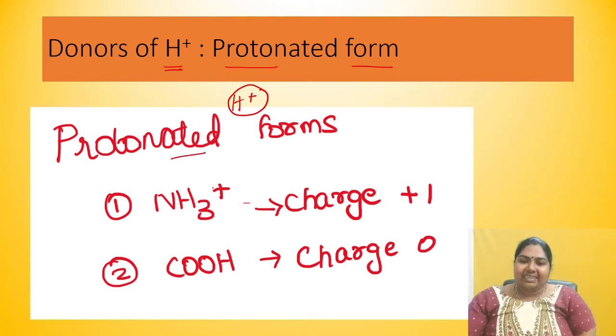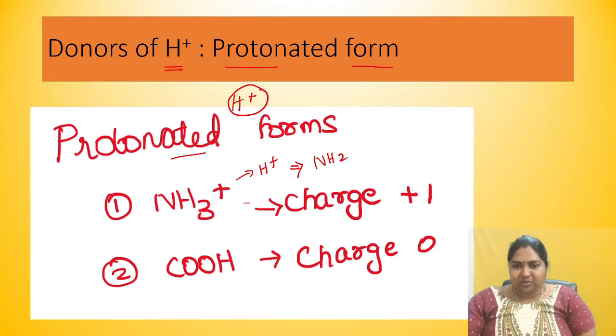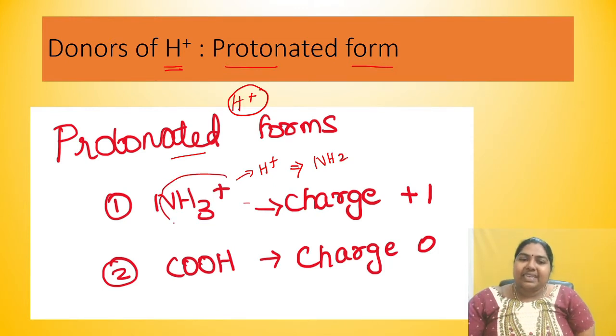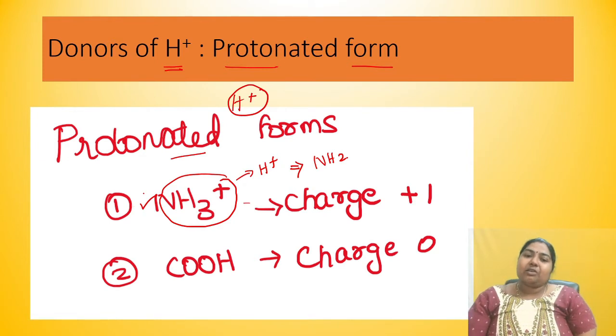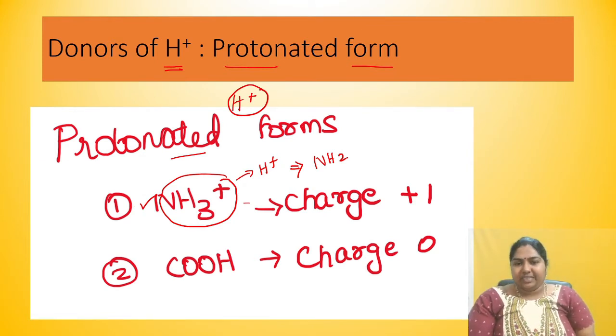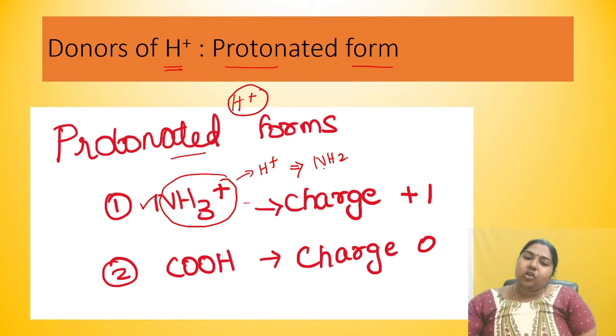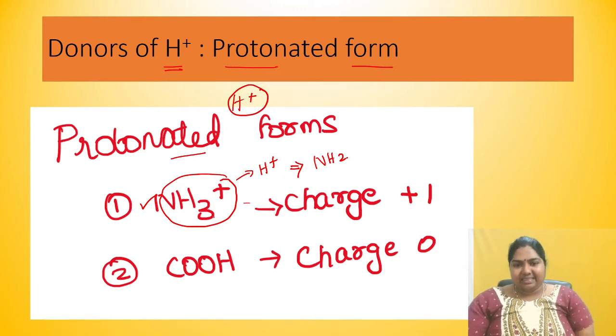For instance, take NH3 plus. It has the ability to donate H plus. After donating H plus, the NH3 plus becomes NH2. This is said to be in the protonated form because it contains the H plus within, and the charge of NH3 plus is plus 1.